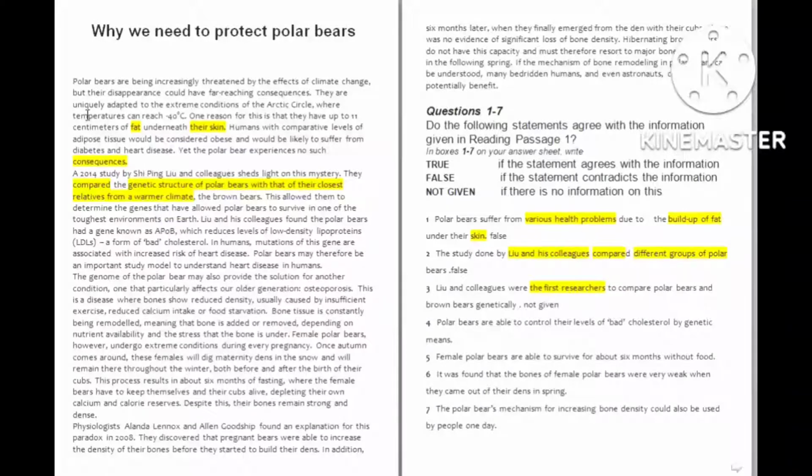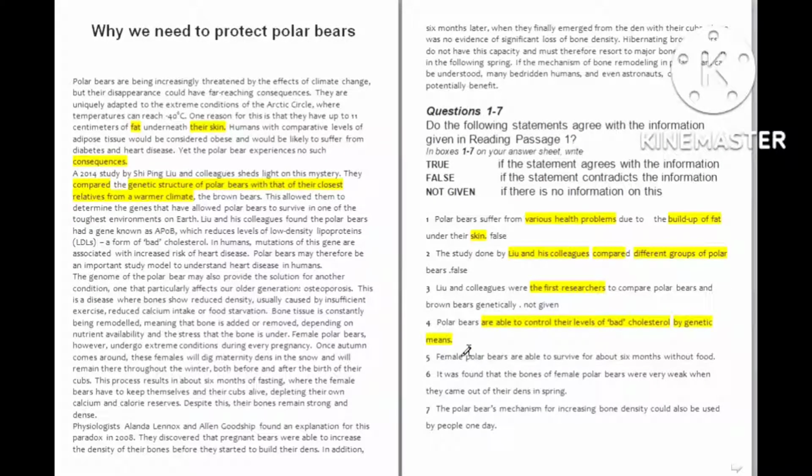Now we read the fourth question and underline the keywords. The fourth question is: polar bears are able to control their levels of bad cholesterol by genetic means.